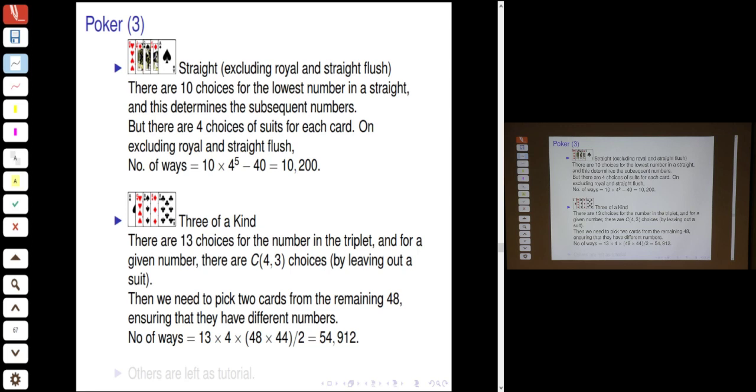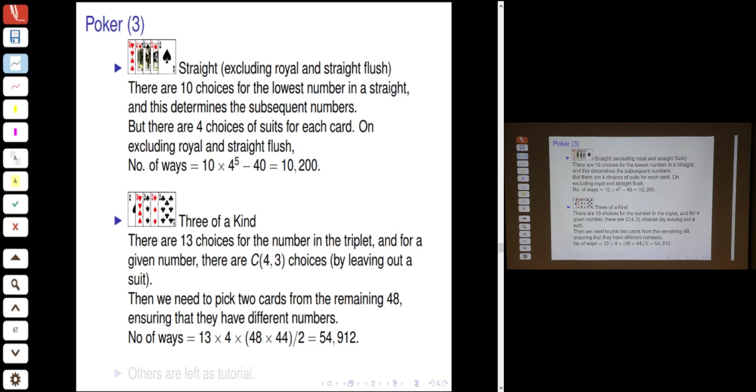Okay? So why? So first you can choose, is it right? Yes. Okay. So the 48 is because although you choose 3 cards here, the last card you cannot use. Right? So you only have 48 choices.